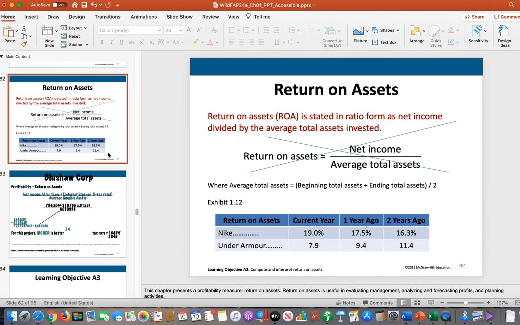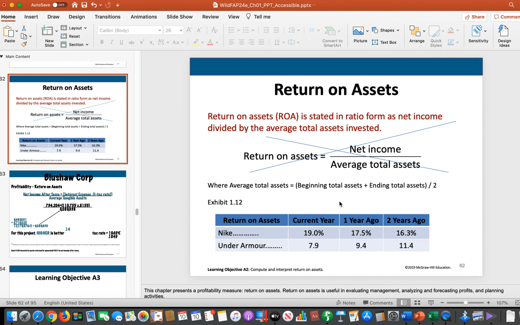This is the net income for 2019 divided by the average total assets. The total assets of 2019 plus the total assets of 2018, add them together, divide by 2. It does not say average net income. It simply says net income, and there's always a net income for the most recent period.